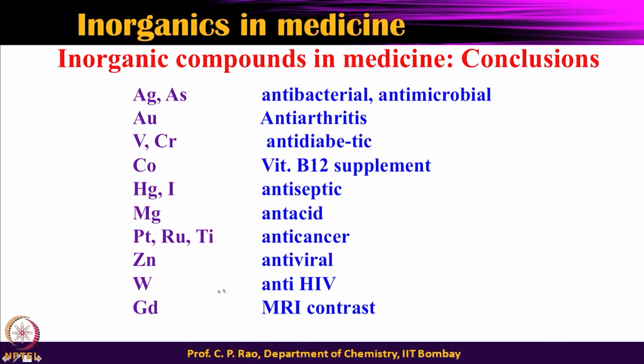Tungsten is anti-HIV, and gadolinium is an MRI contrast agent, because when you are taking an MRI, you need a contrast between the healthy part of the tissue versus the tissue which is affected.